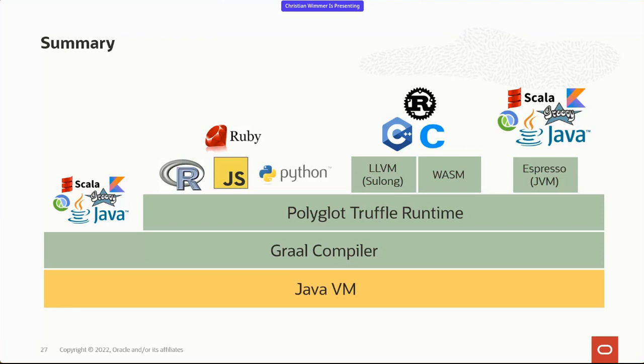So when we want to really deeply integrate all of the Java bytecode-based languages, Scala, Groovy, Java, Kotlin, whatever, then you can use the Java bytecode interpreter in the Truffle system, which is called Espresso. And you can run and integrate all your Java bytecode-based code also with the dynamic language code.